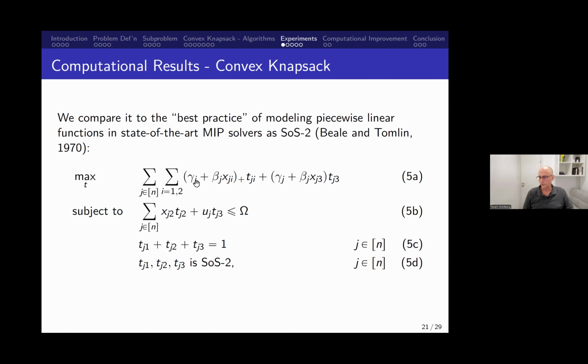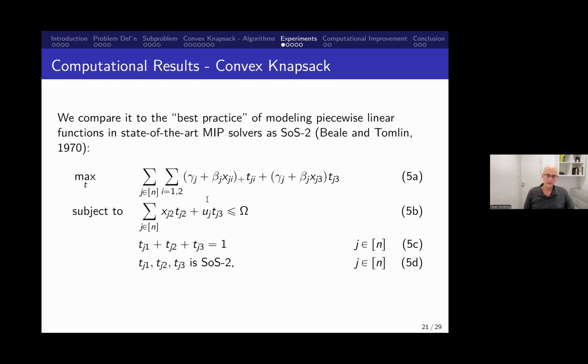So here it just means, okay, we have this piecewise linear function, and we describe it by the breakpoints, and the t variables take convex combinations of these breakpoints. We just have three, but to stay on the curve, we need to make sure that only adjacent variables of the convex combination can be non-zero.